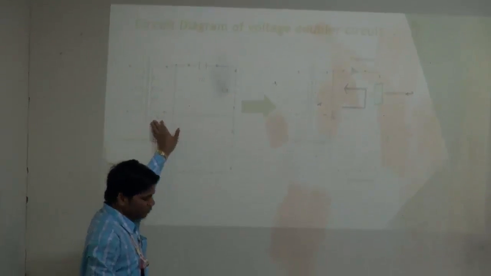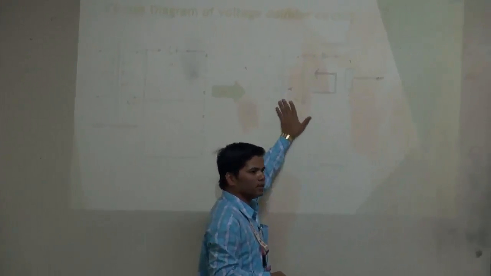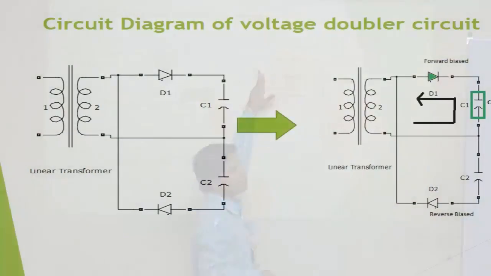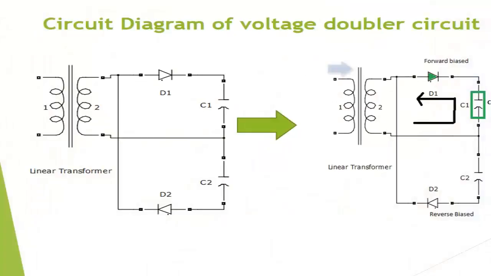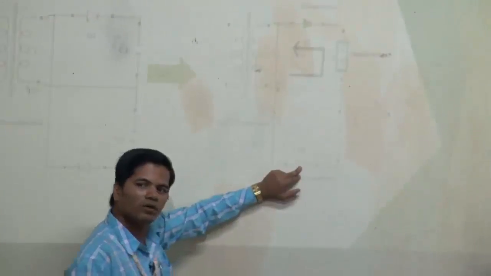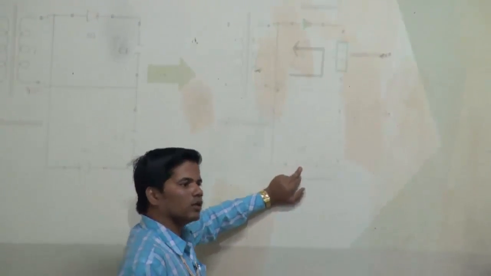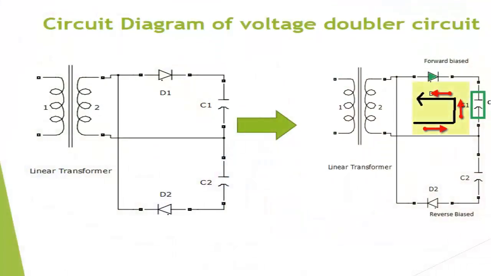First come to the positive half cycle. In the positive half cycle, this terminal will be positive and this will be negative. Yes or no? For that reason, this diode will be forward biased and the bottom diode will be reverse biased, and the current will flow in this direction.